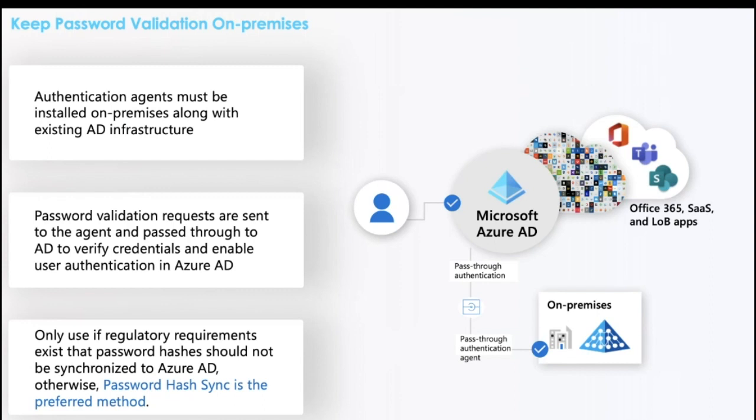There's an agent that has an outbound connection only, and it verifies if the password is good, and then they log in. Now, this still requires you to have an agent and an on-premise presence. We don't generally recommend it because the whole purpose is to get away from having any on-prem dependencies. But if there are any regulatory requirements where you can't sync passwords to Azure AD, this is an option that's available.